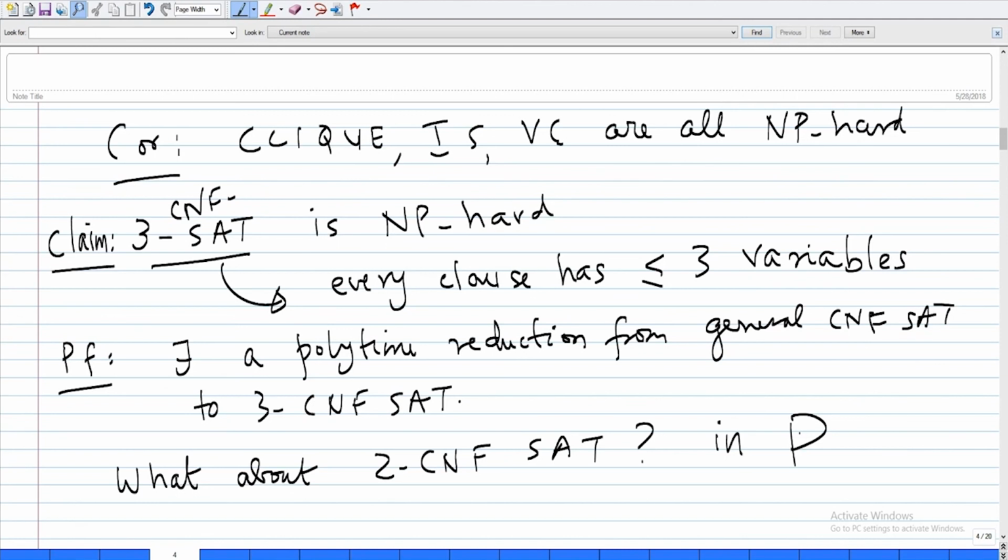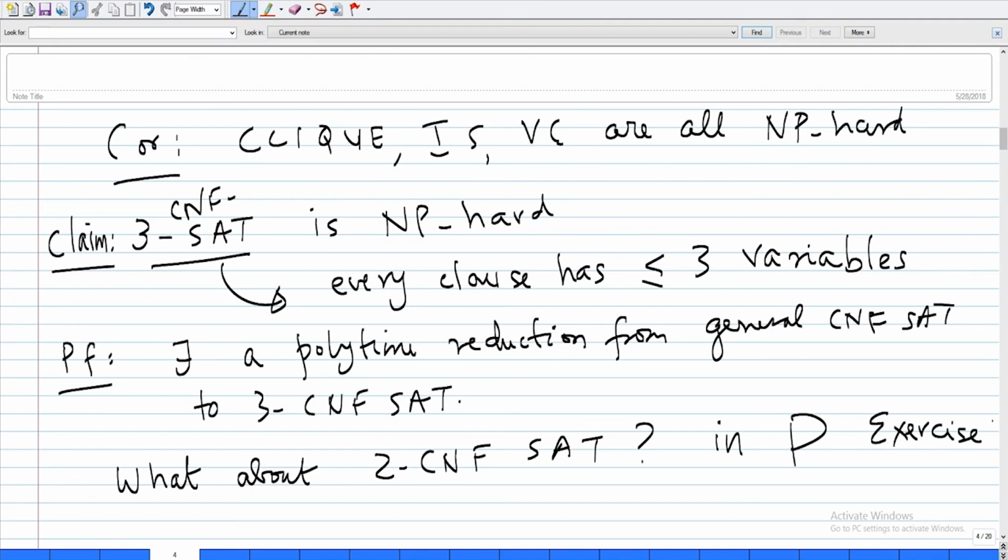So this sort of contrast also gives you more evidence that NP-hard problems are probably hard to solve, because I am not able to do this kind of reduction for 2 CNF, but in an alternate way I can show that actually 2 CNF SAT is in polynomial time. Right? This is an exercise. I am not sure it is in the problem sheet, otherwise we will add it.